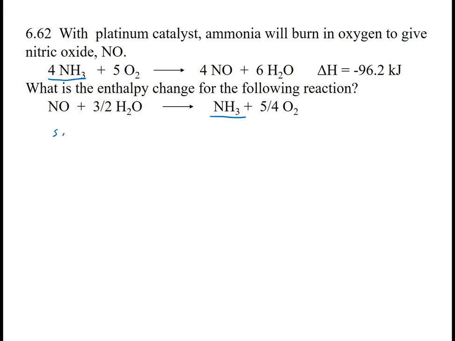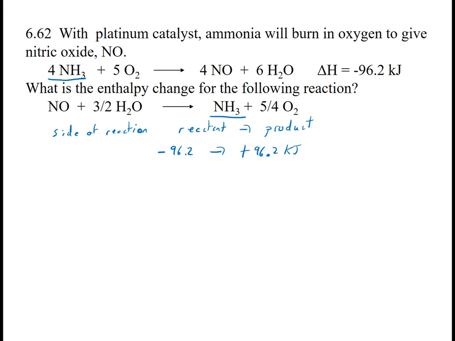So for the side of the reaction, it went from a reactant to a product. So it went from a negative 96.2 to a positive 96.2. And no, you don't have to write the positive sign. I'm emphasizing the fact that it changed the sign.